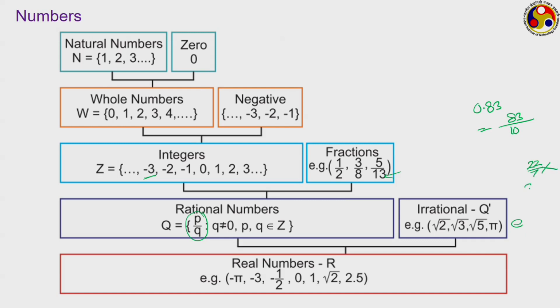This is not correct. Pi equal to 3.14, etc. That is also not correct. What is the definition of pi? Pi is the ratio of the perimeter of a circle to its diameter. Perimeter of a circle P by diameter is equal to pi, leading to perimeter is equal to pi into d.